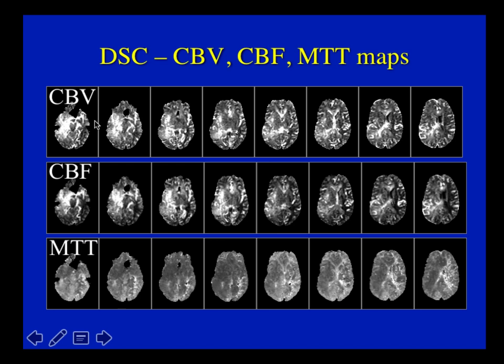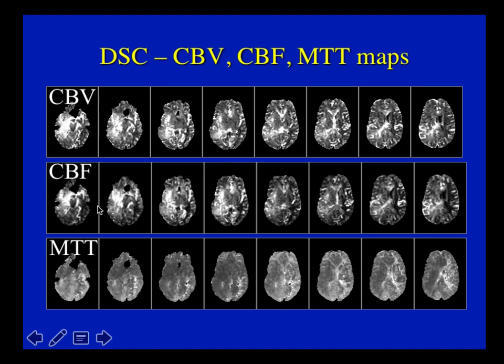So as I mentioned, because we are using a TR of 1.5 to 2 seconds, we actually get information from all the slices through the brain. So you could calculate the maps for all the slices. Here are a few slices in this particular example. In this case, we can see the full extent of the area of abnormality in this data set.